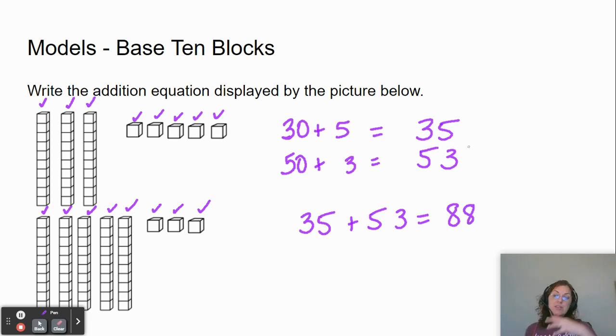Okay, so that's how you can use your 10 blocks to write the addition equation from it. And you can see how our students would also use these blocks to help group the 10 blocks together, right? And group the unit blocks together to write their addition problem.